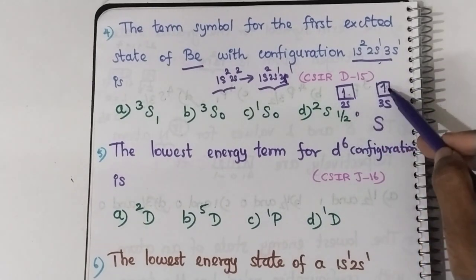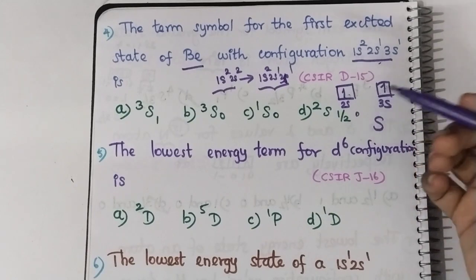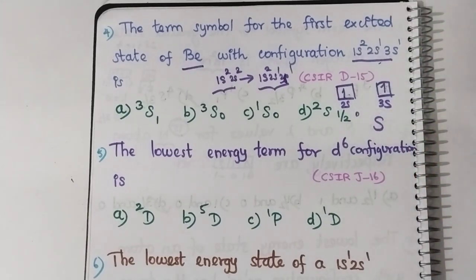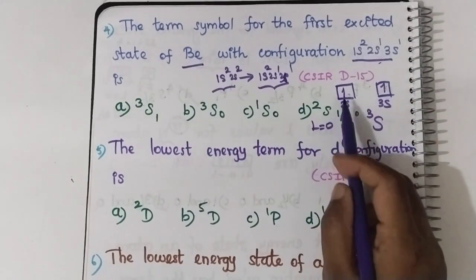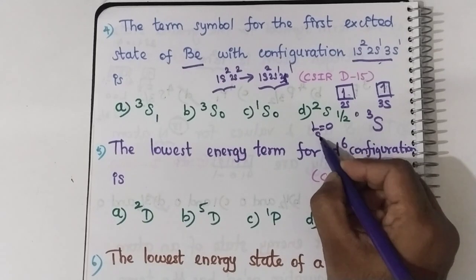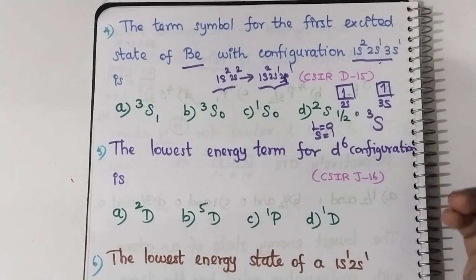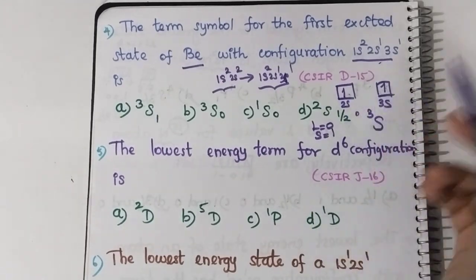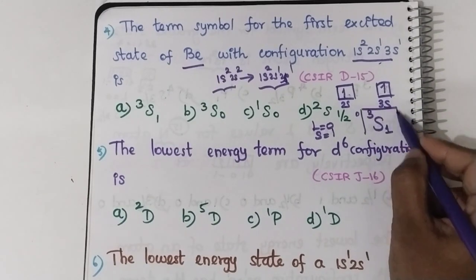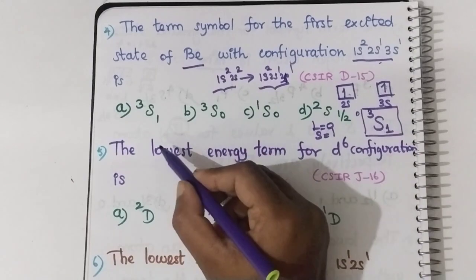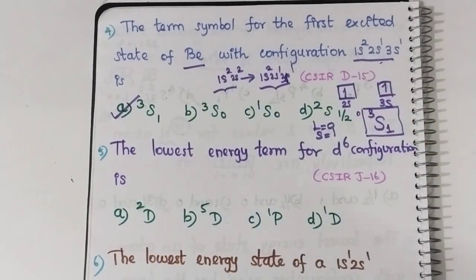Here 1 electron, here 1 electron. 2 electrons means S value will be 1, half plus half is 1. So 2S plus 1 value will be 3. L value is 0, S value is 1. So L plus S, the value will be 1. Hence 3S1 will be the term symbol.